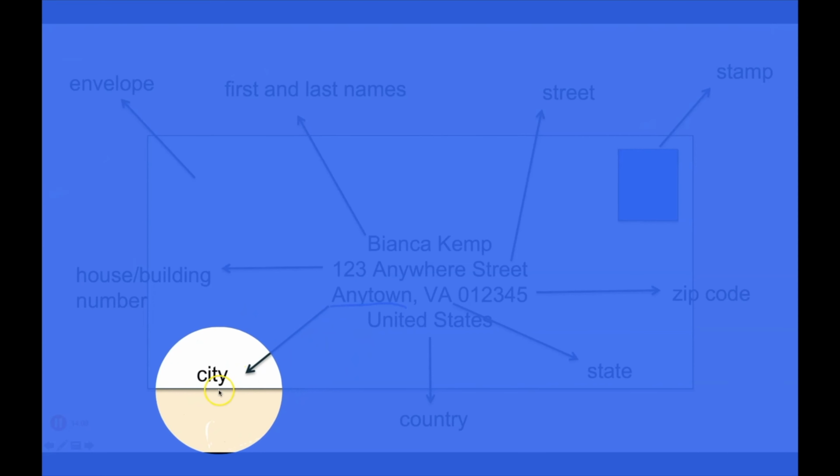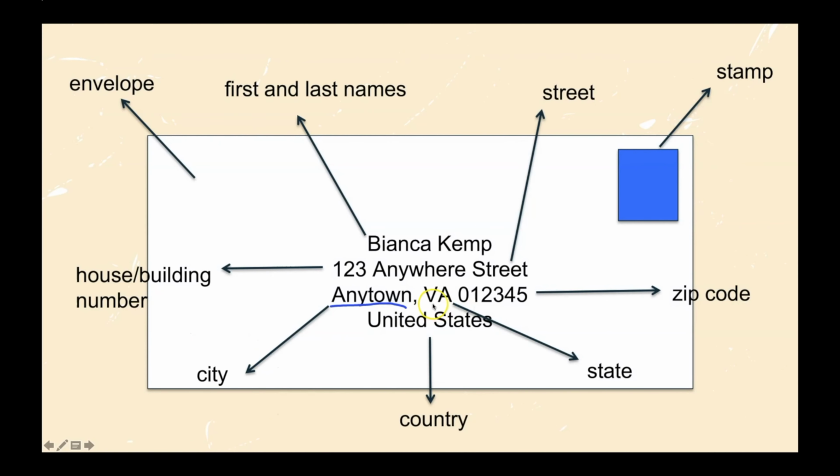the city, okay? And then it has 2 capital letters for the state. As we will see coming up, every state has 2 special letters.